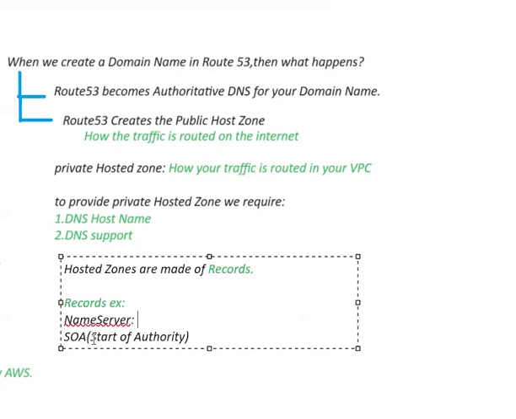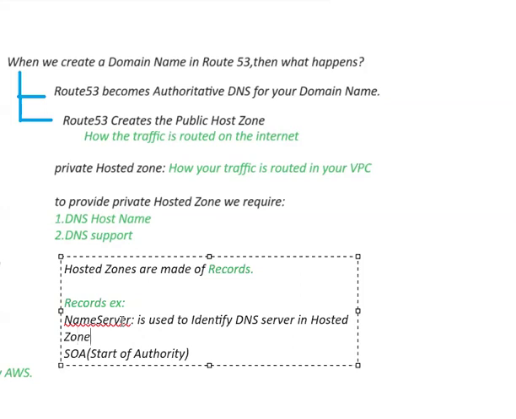This name server is used to identify your DNS server in the hosted zone. Whatever DNS server you created in the hosted zone will be identified by using this name server.